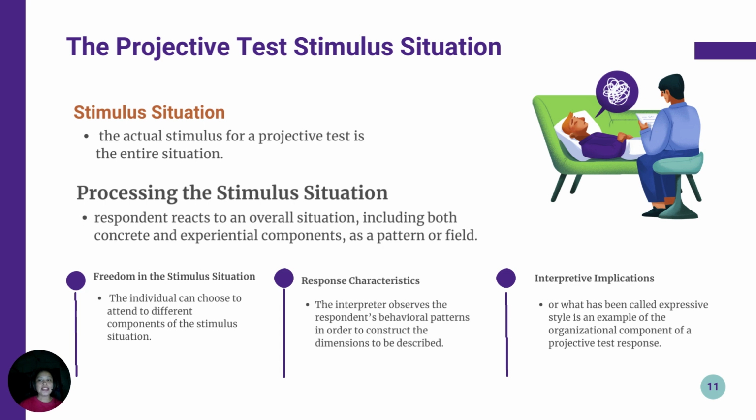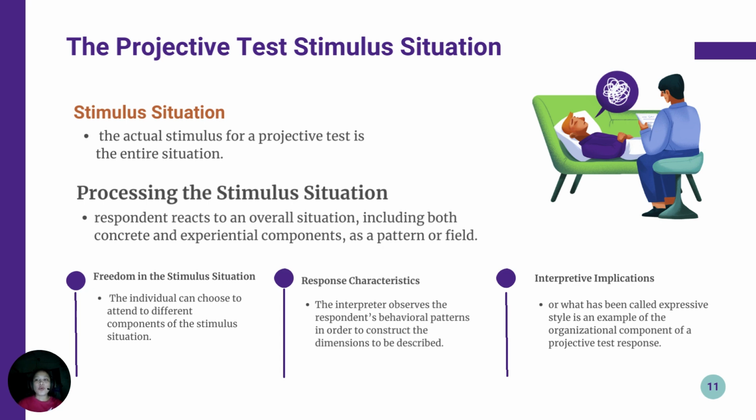Now, processing the stimulus situation: the respondent reacts to an overall situation, including both concrete and experiential components, as a pattern or field. And such patterning is a well-known fact in the study of human perception.